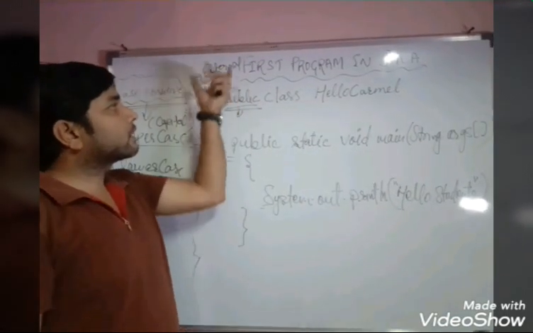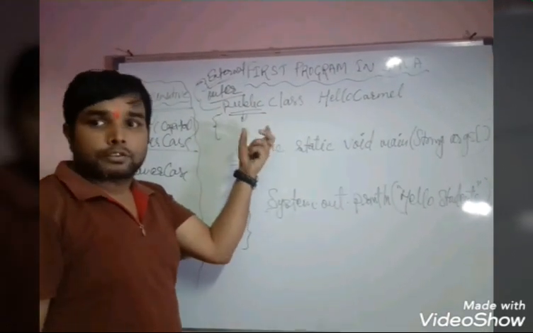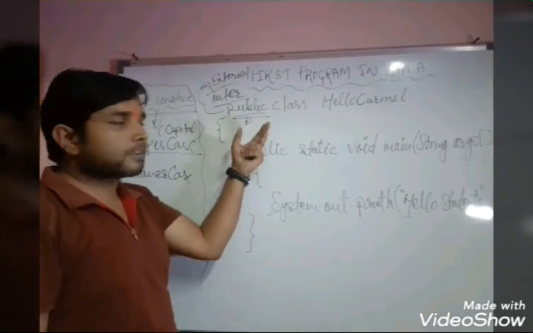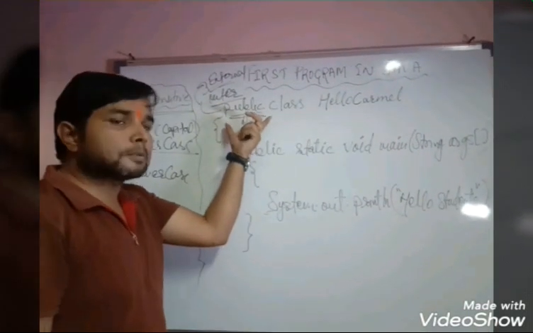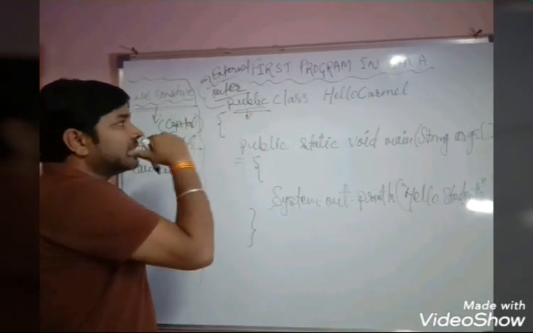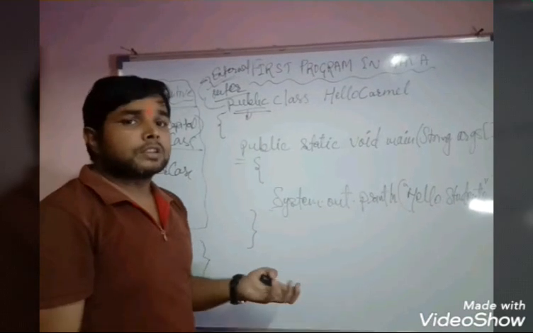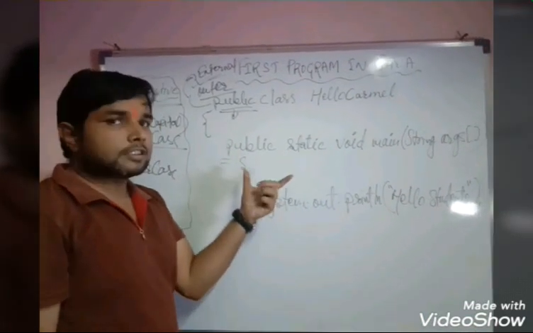The outer class will always be public or default. So you have to write only two access specifiers in the outer class, either public or default. But when we come to the internal class, you can write any of the access specifiers: public, private, or protected.